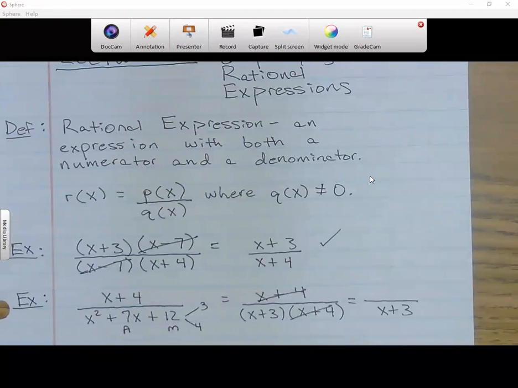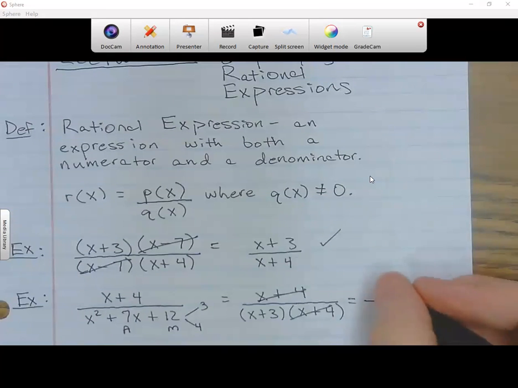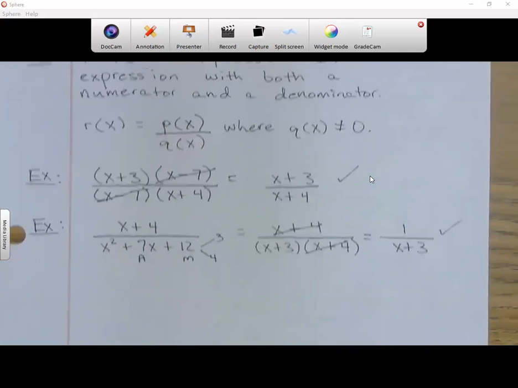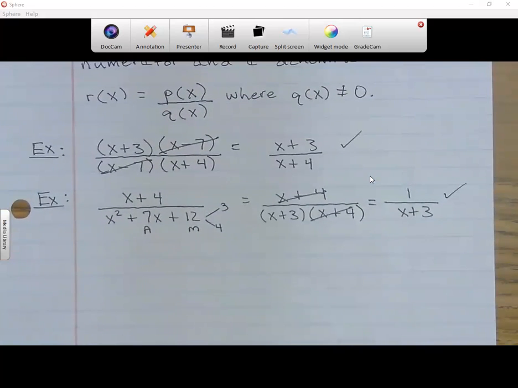And on the top, I don't have anything left at all, so I need to leave a placeholder 1. And I'm done. If you don't have anything left at the top, you're going to leave a 1 in its place. And if you don't have anything left on the bottom, you're going to leave a 1 in its place.